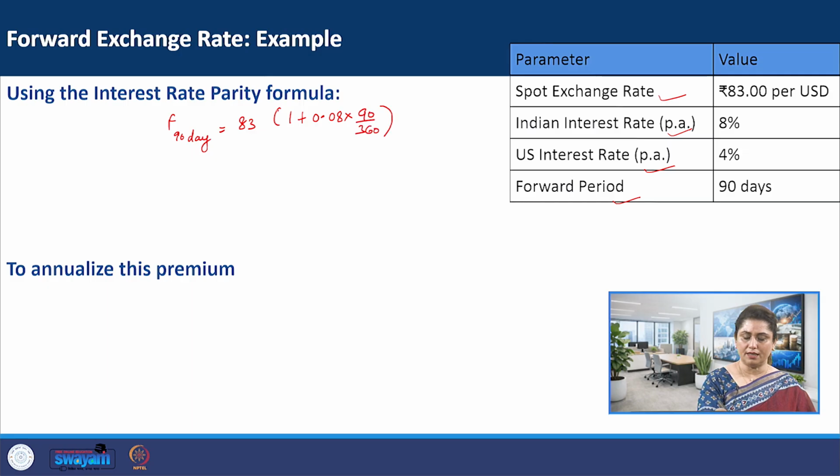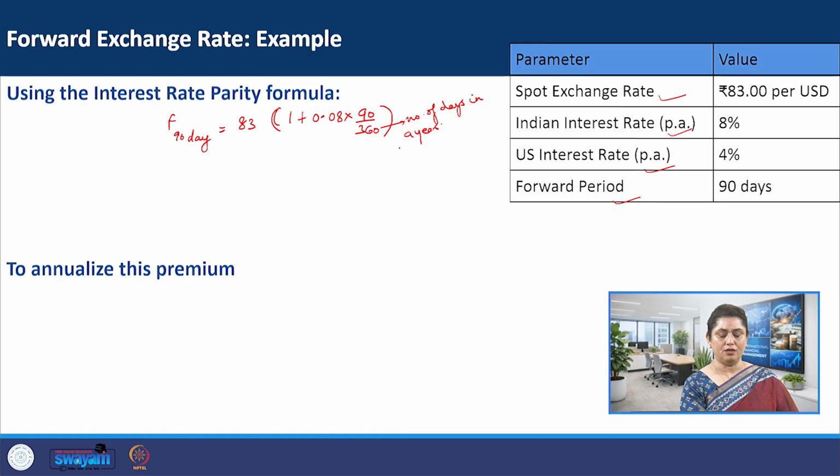Why are we doing 90 by 360? We are taking 360 as the number of days in a year, and 90 days is the period of the forward rate here. So we are trying to bring this particular interest into the quarterly period.